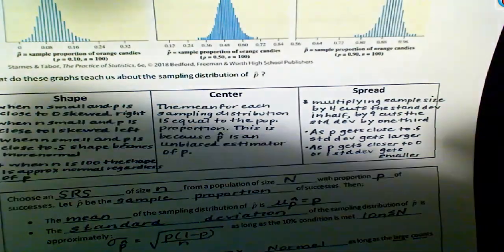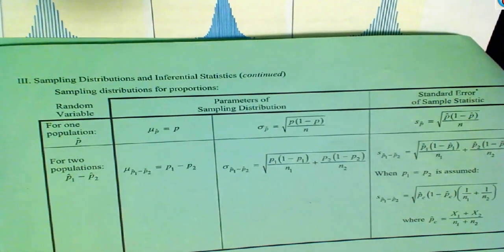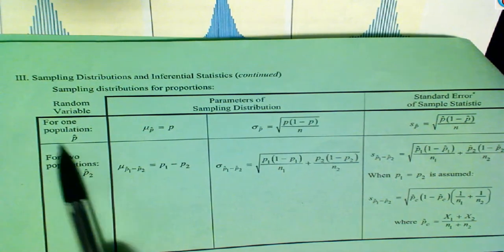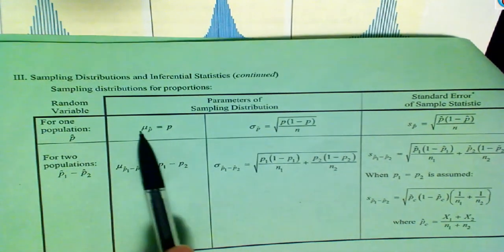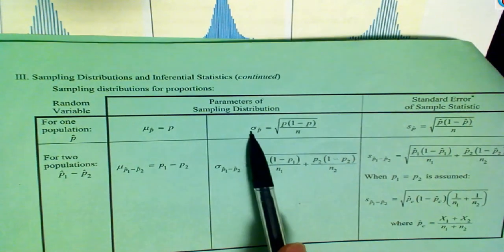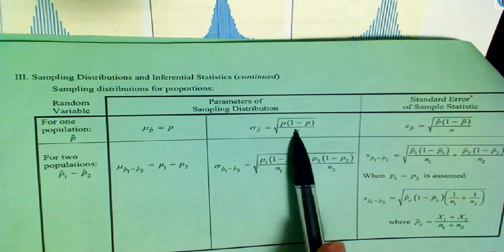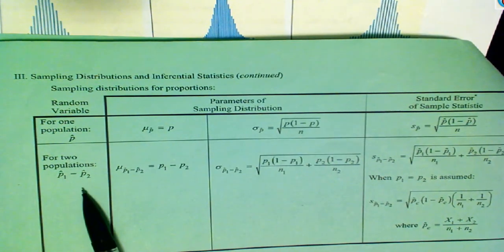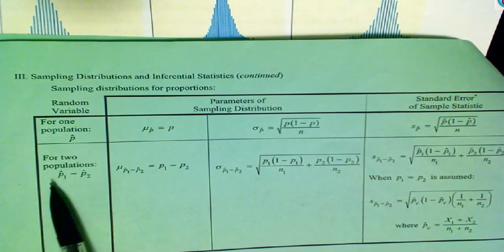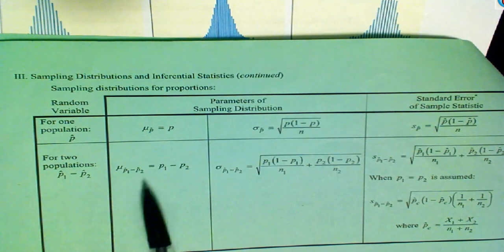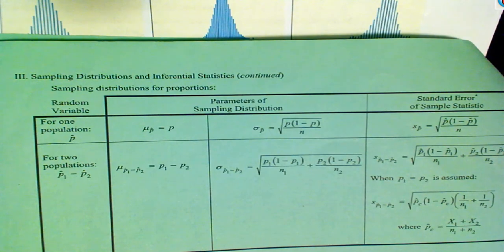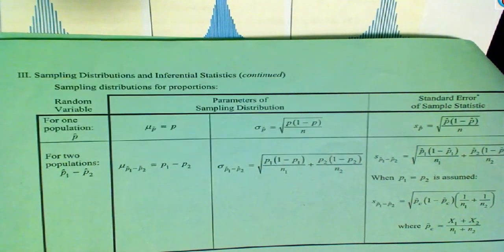This page is where we have the formula for p hat. So the mean of p hat is equal to p, and the standard deviation of p hat, there's your formula. And in part 2 we're also going to look at the difference of p hat 1 and p hat 2, and there are your formulas there. So you don't have to memorize those formulas. They are given for you on the formula sheet. It's not on the front side with the random variables, but it's here on the back.